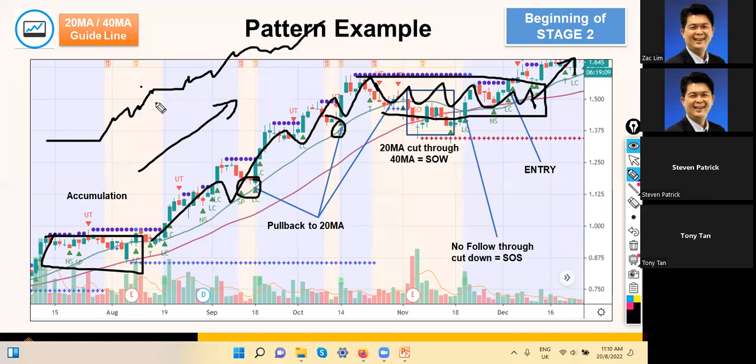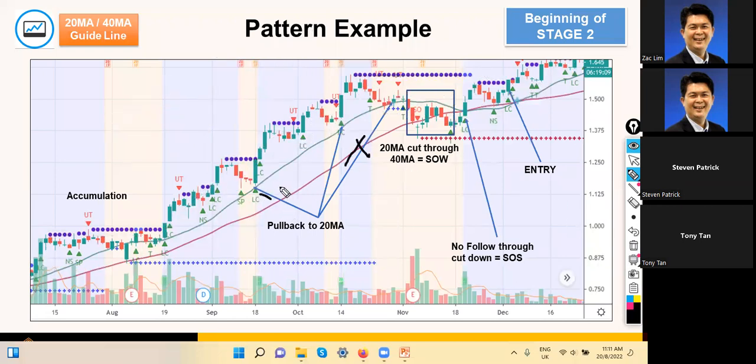But not every stock has this kind of pattern. If you see one, you can just let the profit run, as long as it does not cut this line. Sometimes they will also try to trap. They'll come down first, but it keeps coming up.